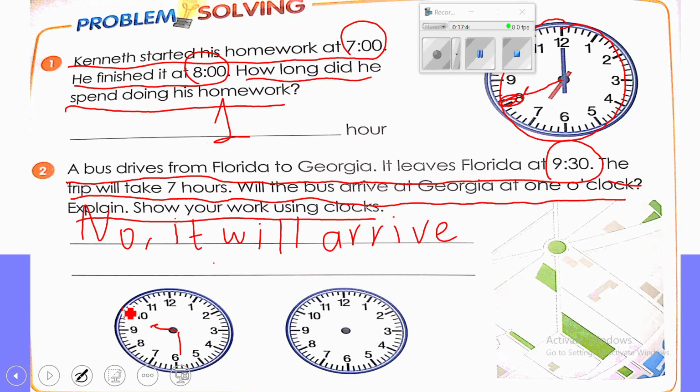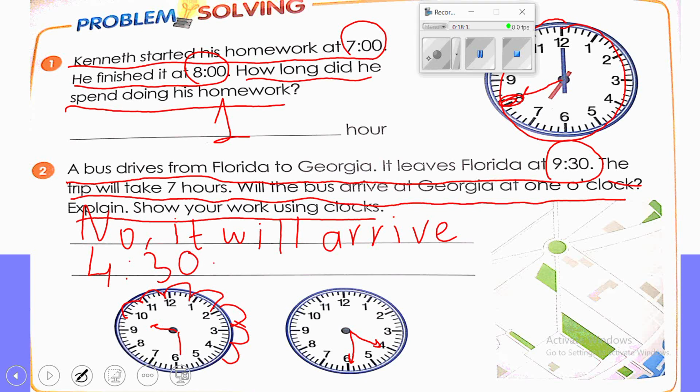Here is the first jump 1, 2, 3, 4, 5, 6, 7. No, I'm right. Sorry, teacher, I'm just a little bit sleepy. It is 4:30. So yes, it arrives at 4:30.